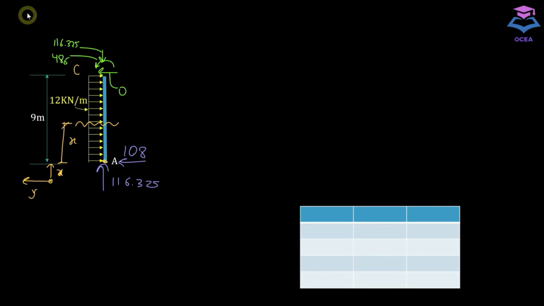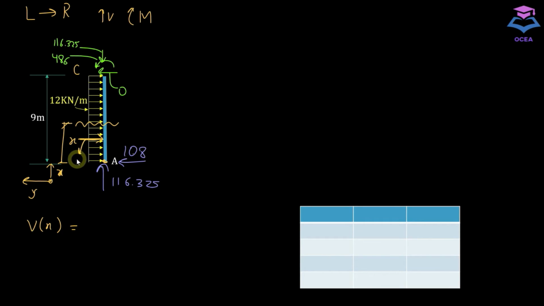Now the sign convention: if you're solving from left to right, upward shear force will be positive and clockwise moment will be positive. To write the shear force equation, stand on the section, look at the left hand side, and take the algebraic sum of all the forces. There are two forces: one is this UDL and one is this point load support reaction.